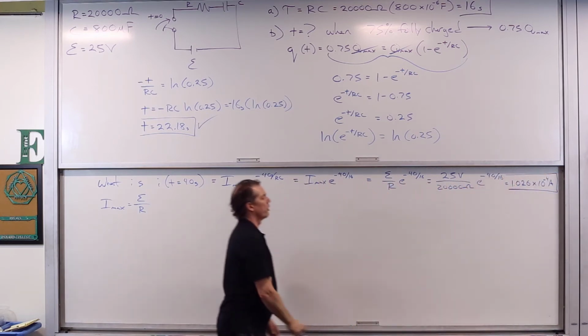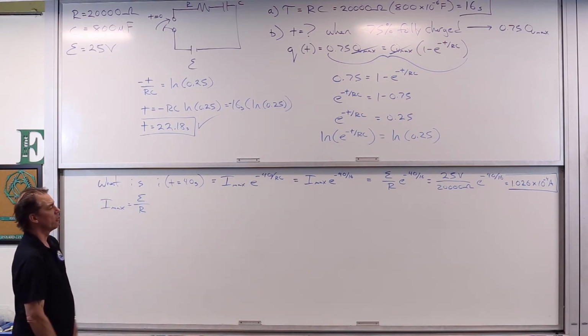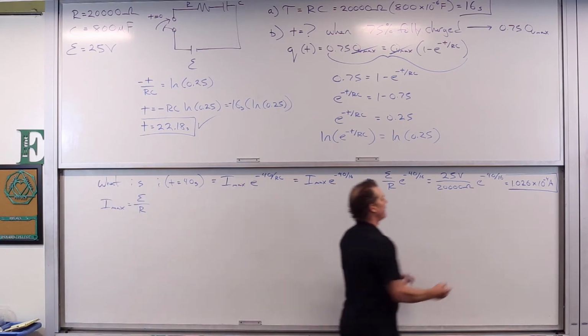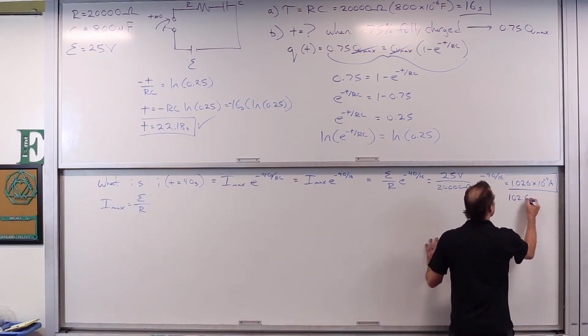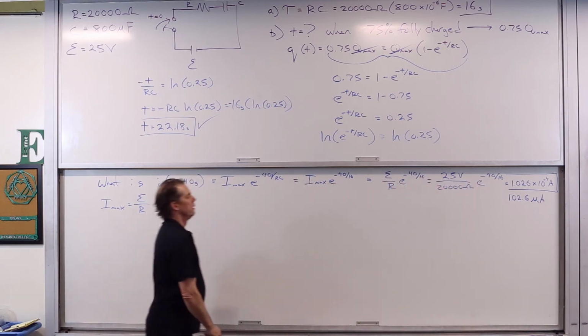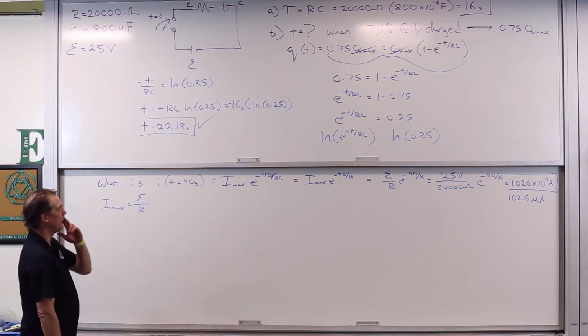It's a pretty small current. It's okay. Call it 102.6 microamps. That would be fine. Well, that's after, in between 2 and 3 time constants. So, pretty good amount of time's gone by.